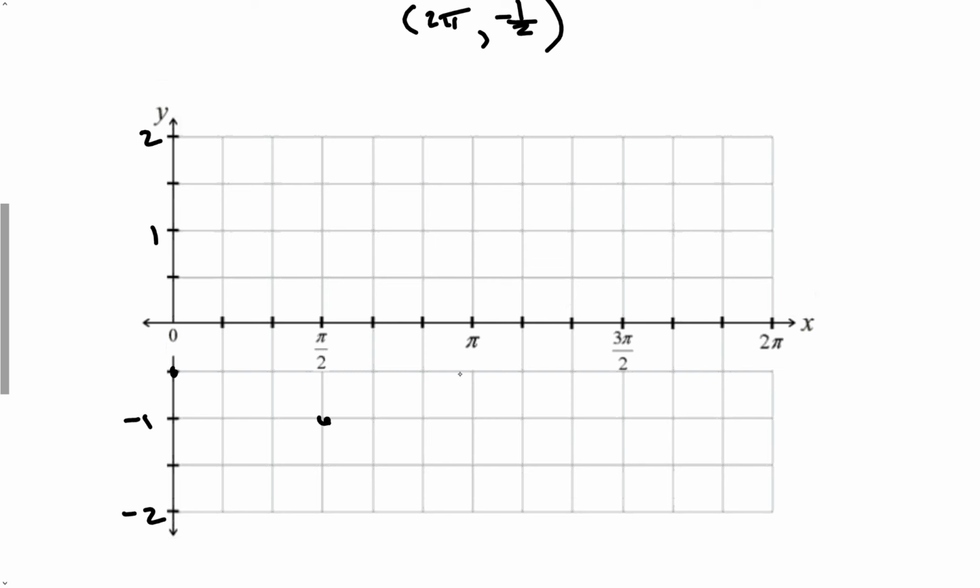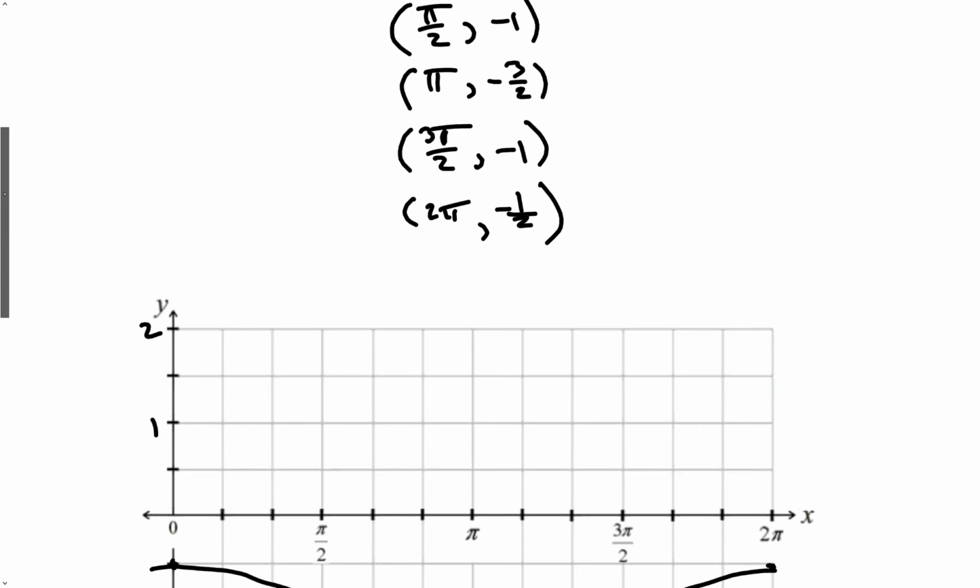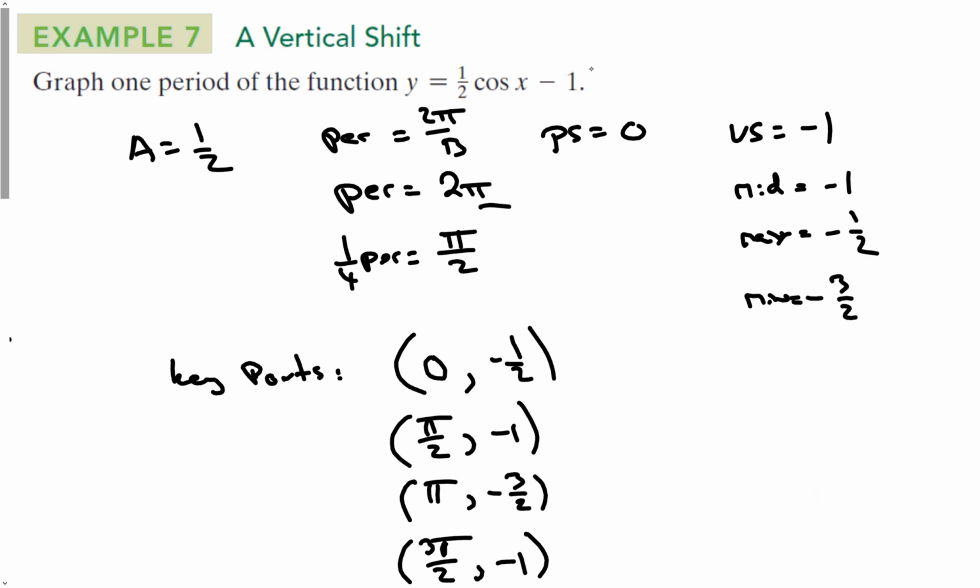Then my next point would be pi, and then 3 pi over 2, and then this one. Notice that the middle of this function is no longer the x-axis. This is the middle. And that's okay because I shifted the function down. I moved this function down 1, right? The vertical shift was -1.